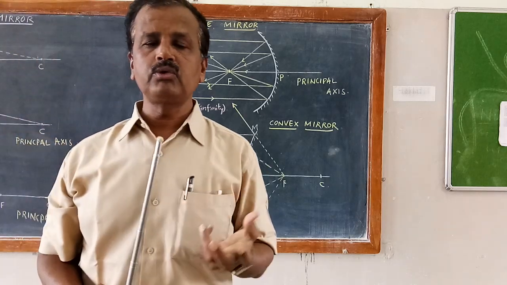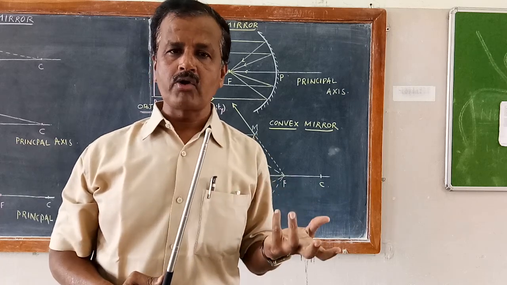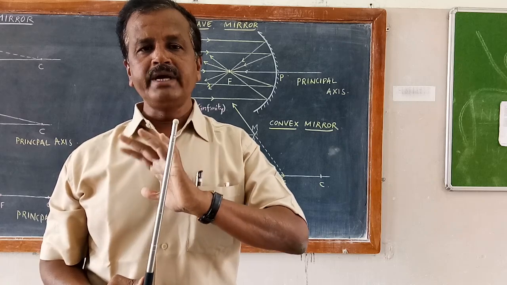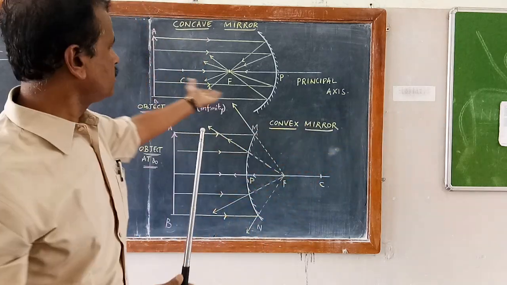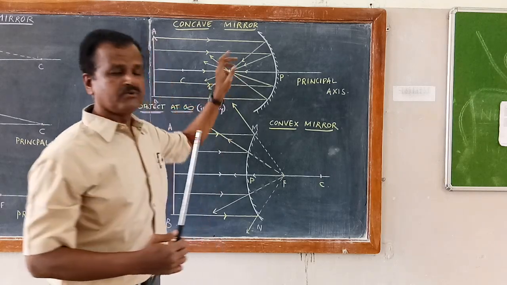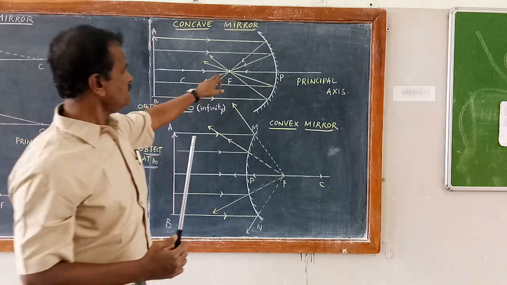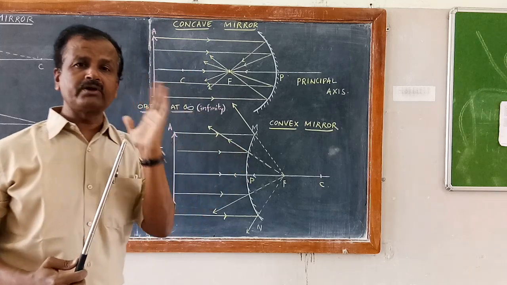Next, we are going to study the formation of images for concave mirror and convex mirror for various positions of the object. If the object is at infinity, we get the image at focus, and this image at focus is a point image. It is going to be a real image because it can be obtained on the screen.